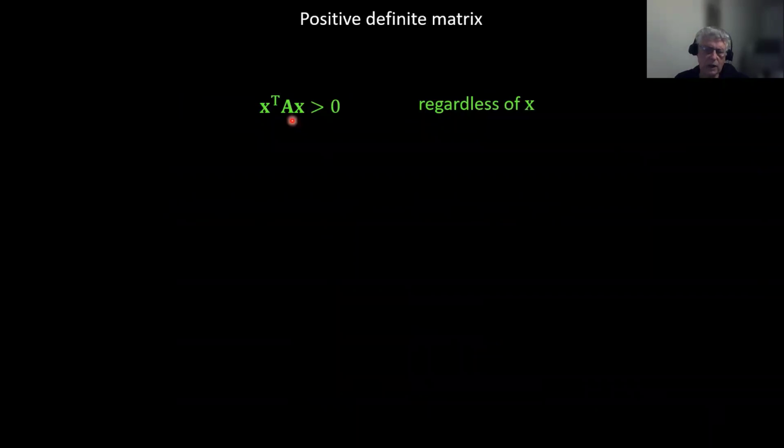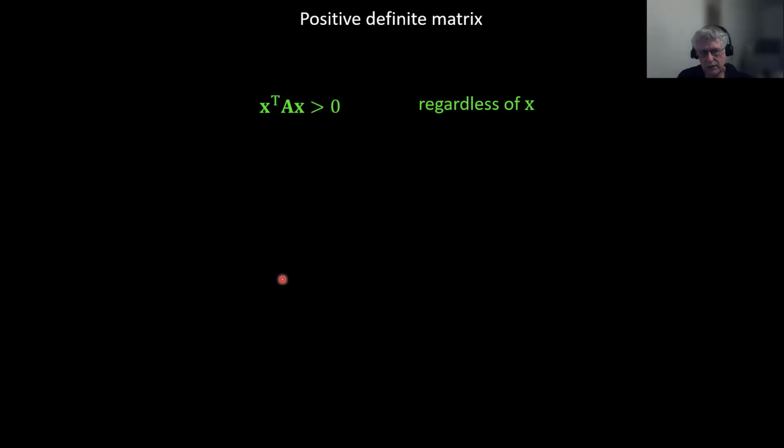There's a special type of matrix called a positive definite matrix. Now, this is a kind of a magical matrix, but it's very important in statistics for reasons which you'll see shortly. If a matrix A is positive definite, then you can take any vector x, and regardless of x, except if it's 0, x^T A x is positive.